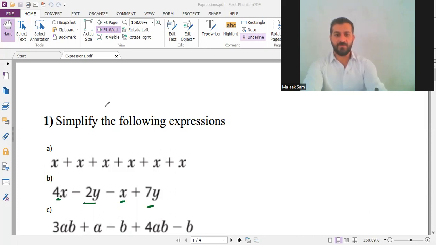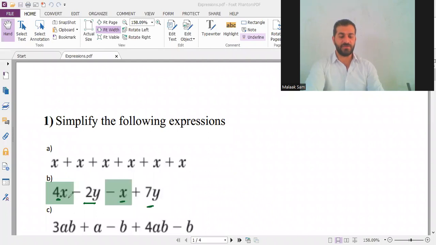So I have 4x, this is an algebraic term, and I have minus x. So when collecting like terms, 4x minus x together. This x is 1x. So 4x minus 1x equals 3x.